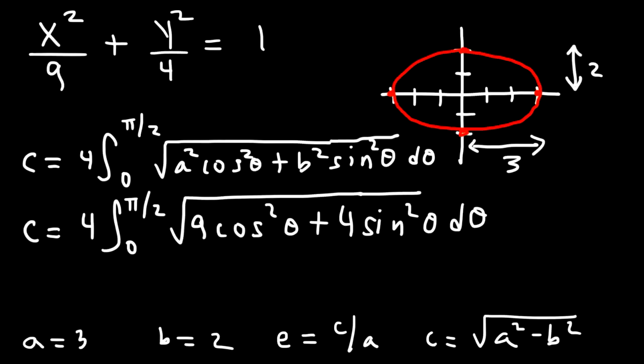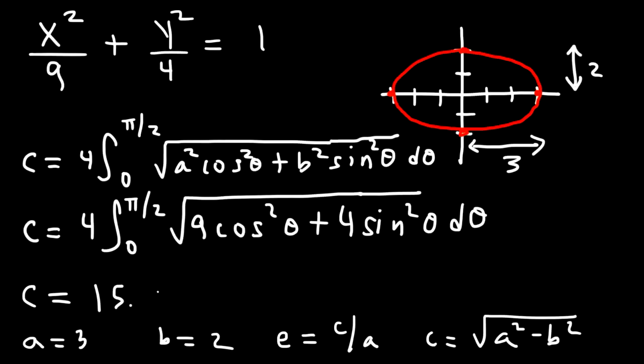So if you have access to a graphing calculator, go ahead and type this in. Or if you have a scientific calculator that can calculate the value of a definite integral, you can plug this in. If not, search for an online graph calculator that can do this. So if you type this in, this is what you should get. At least this is what I got based on my calculator.